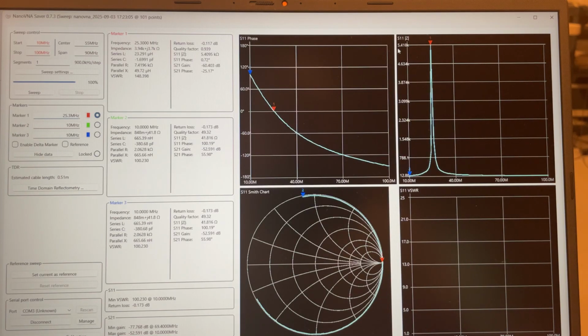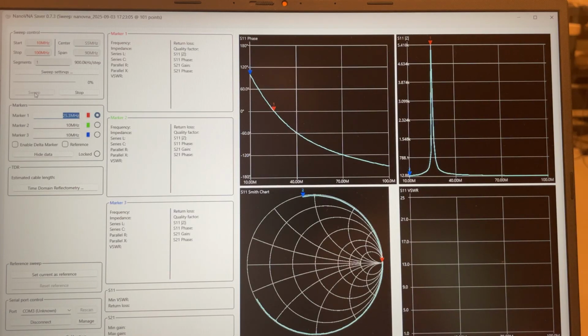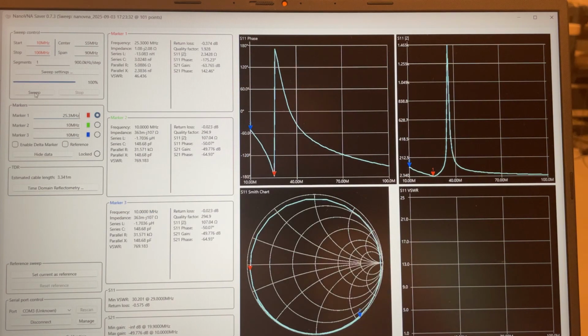Here it's 5.4 kiloohms. Then we open the output side, our load, and sweep it again, and it looks like, yes, a short. So that's how it works using lumped components.